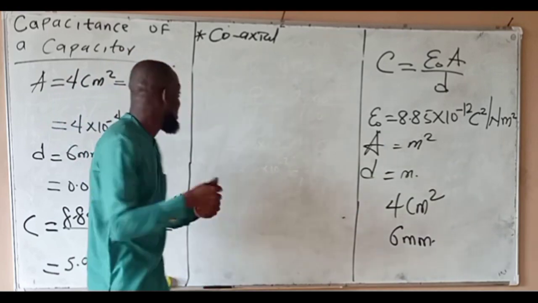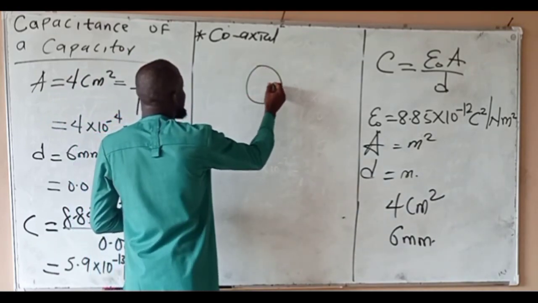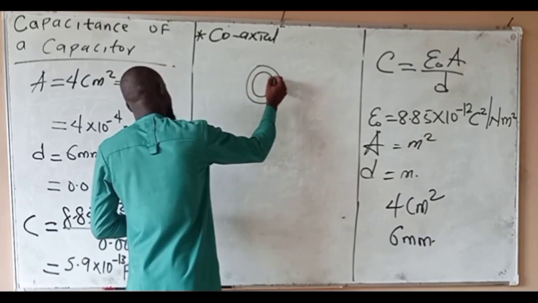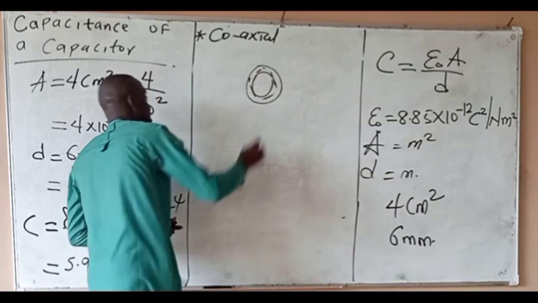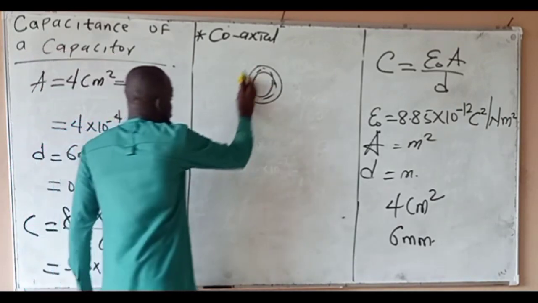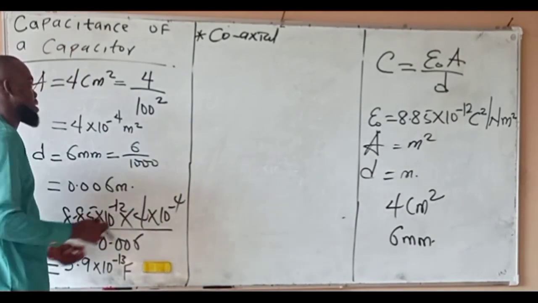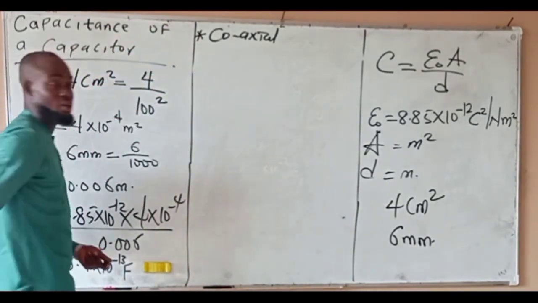You have a very big cylinder, and you place another cylinder inside. It's really two cylinders with dielectric material. So how do we calculate the capacitance of this capacitor with two cylinders superimposed on each other? We call it the coaxial cylindrical capacitor.